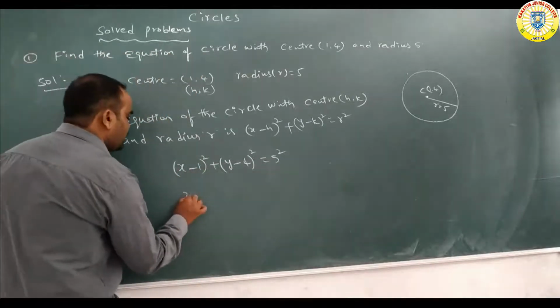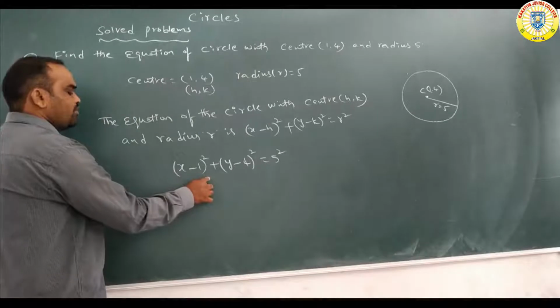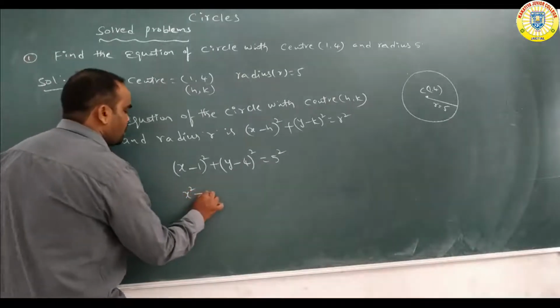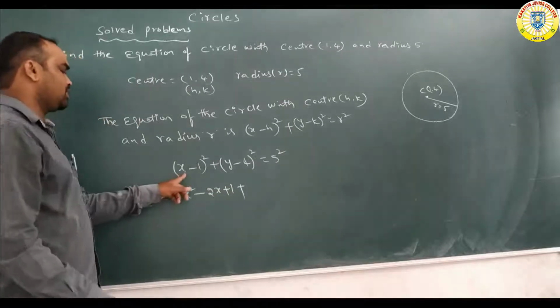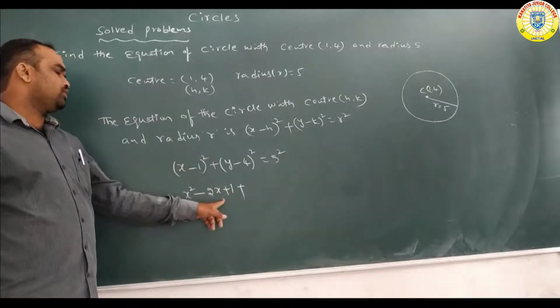Now we expand (x minus 1) whole squared: x squared minus 2x plus 1.